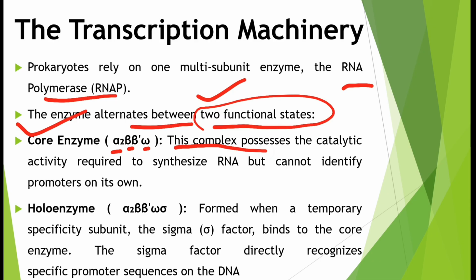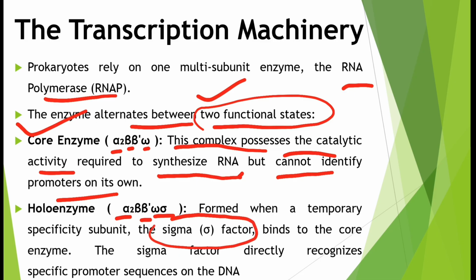This complex possesses the catalytic activity required to synthesize RNA but cannot identify the promoter on its own. So for initiation we have to identify the promoter, but the core enzyme cannot identify the promoter site. It requires the holoenzyme, consisting of alpha, beta, beta dash, omega, along with the sigma factor.